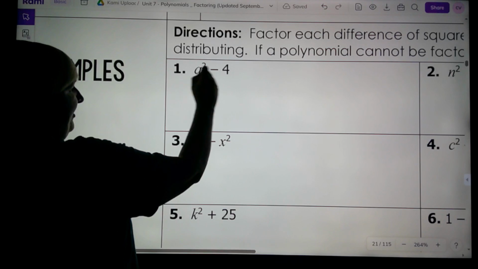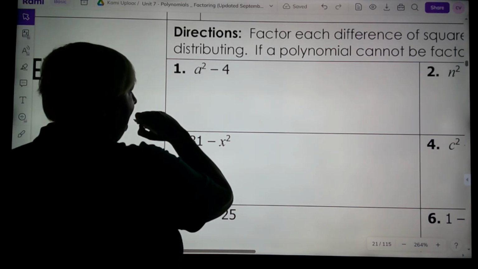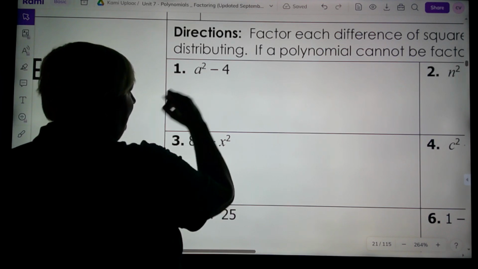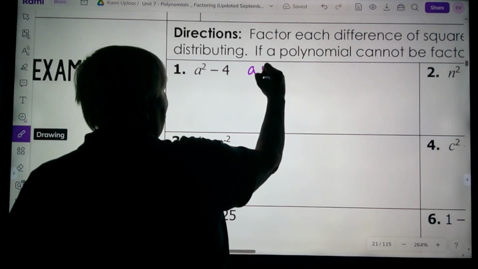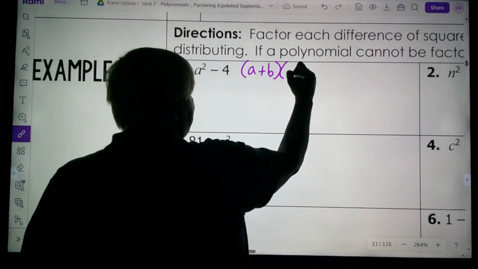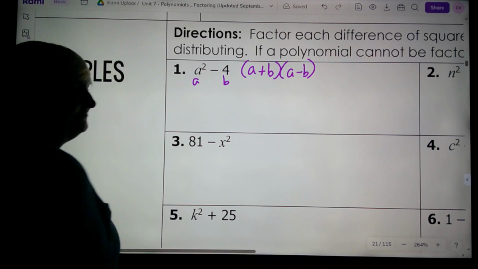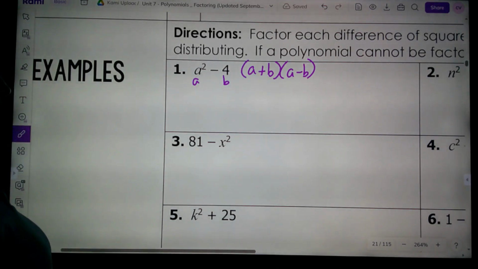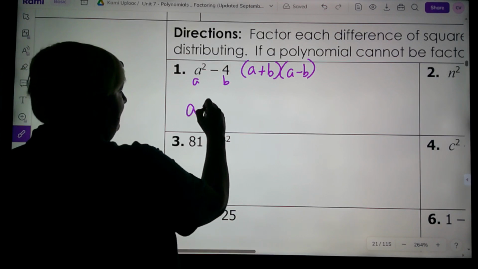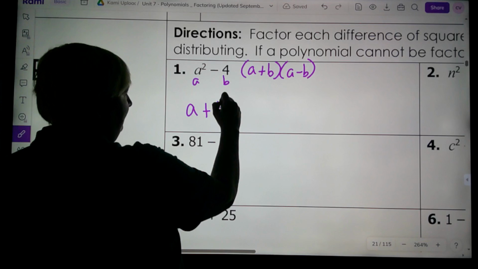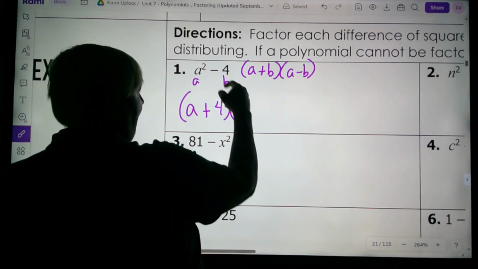If they're perfect squares, it's going to be a plus b times a minus b, right? A plus b, a minus b.